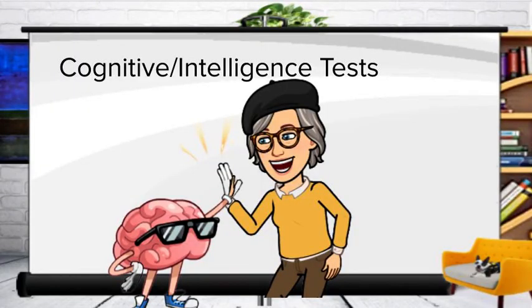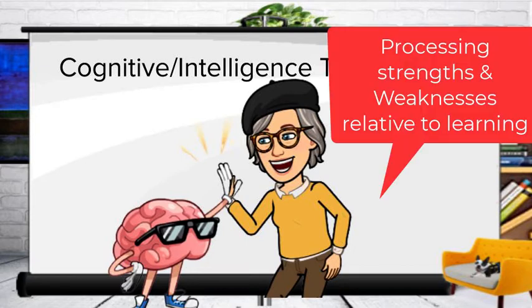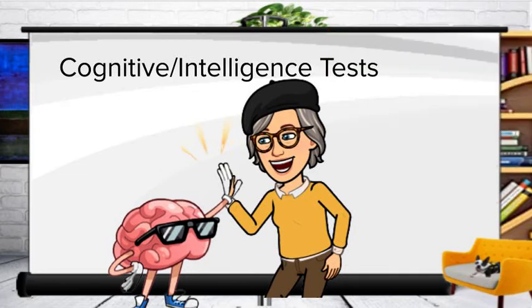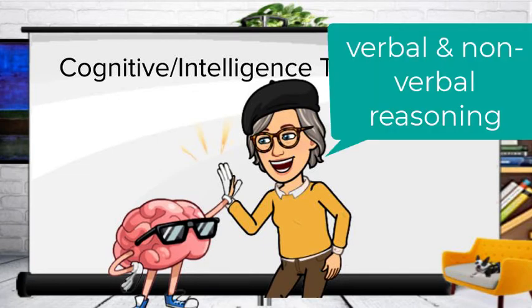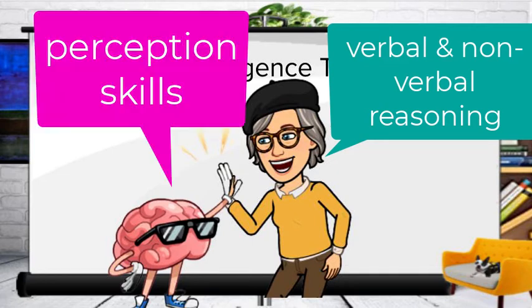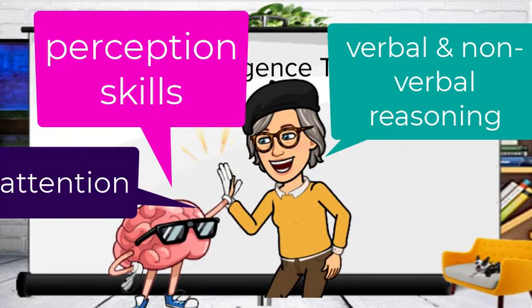We also use cognitive or intelligence tests in our special education eligibility determination testing. A cognitive test is usually administered for the purpose of identifying processing strengths and weaknesses relative to learning. Cognitive testing assesses verbal and nonverbal reasoning, also perception skills, attention, and memory.